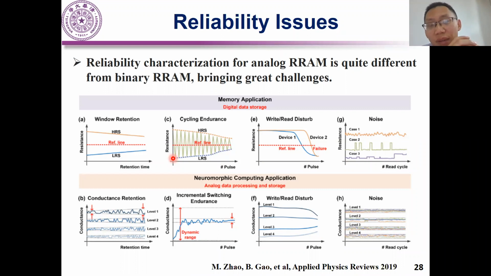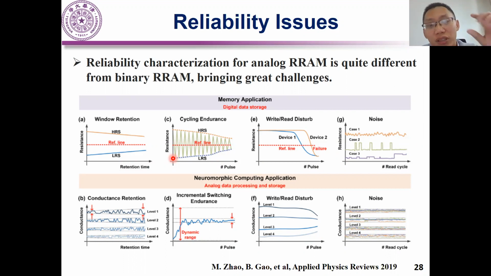We measured it from the array, and found the endurance can be improved to more than 10 to the power 11 cycles. So I think we do not need to care about the endurance for the training application, because it's only tuned a little. And for retention, it's a problem, because for binary RRAM we do not care about the conductance change.